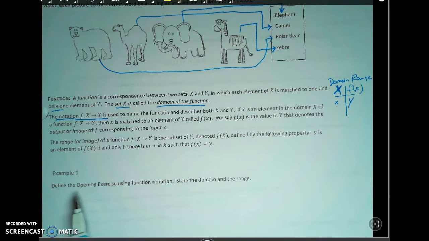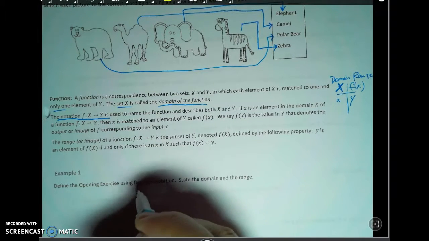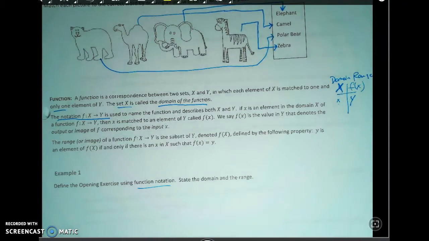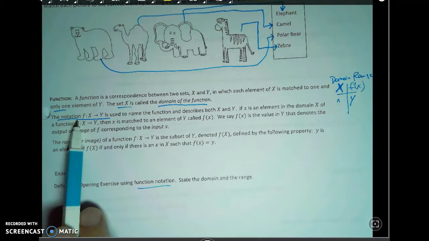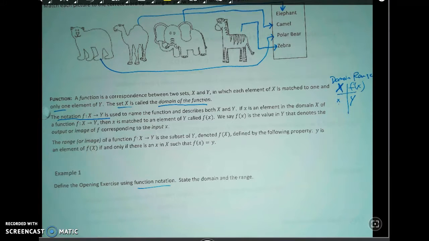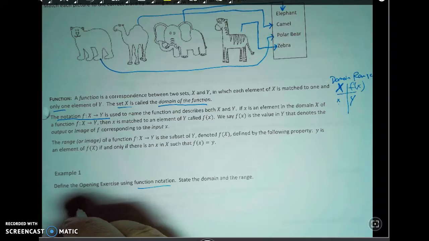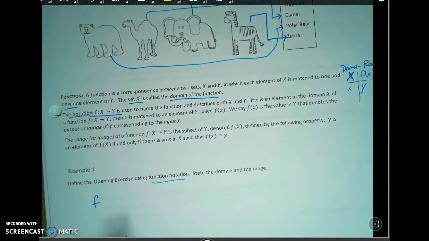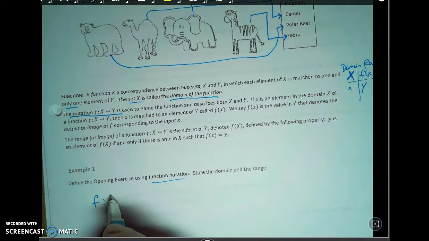So it will make more sense when we go to the first example. So example 1 says define the opening exercise using function notation. So when we say function notation, we're talking about this function f. Okay, so f is defined as the set of animals pictured.